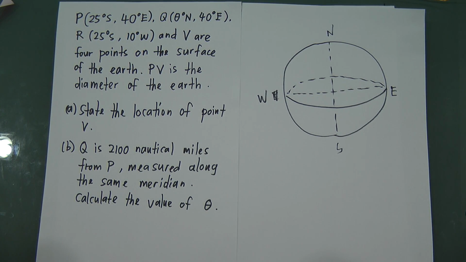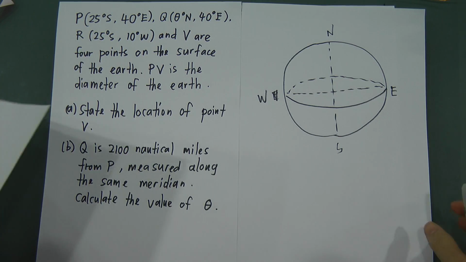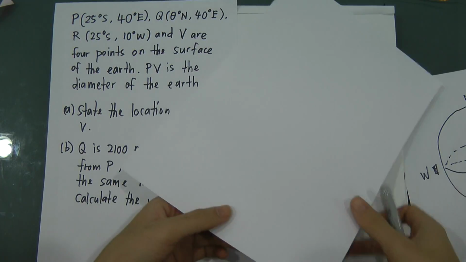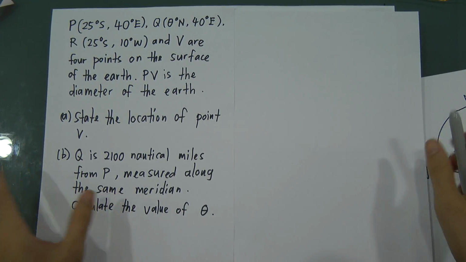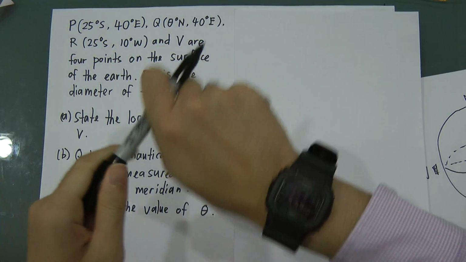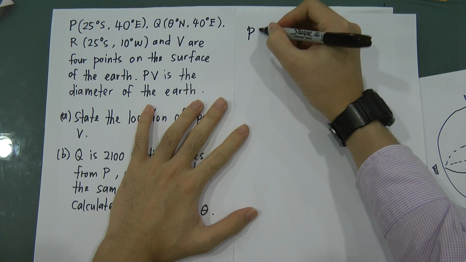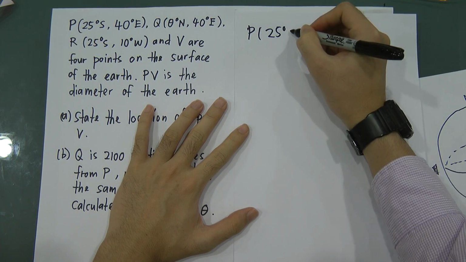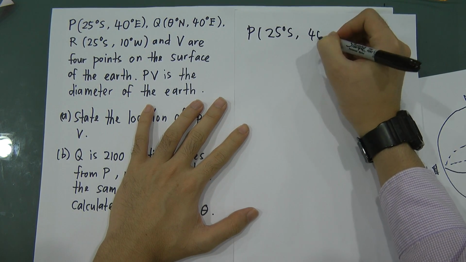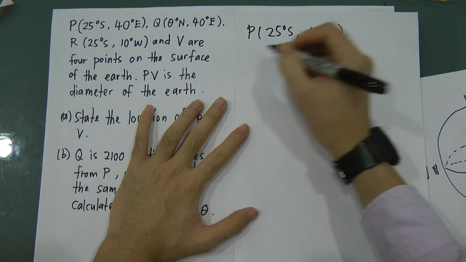Normally, before I start to solve a question like this, I have one habit: I write down all the locations which are given. Let's say P is equal to 25S, 40E.